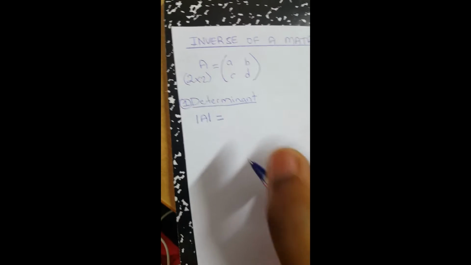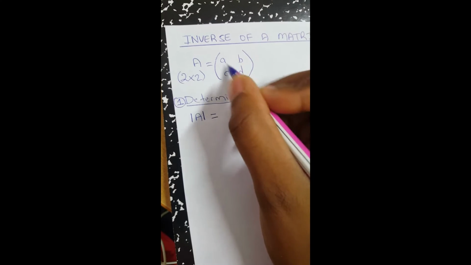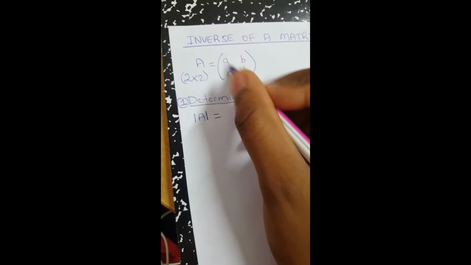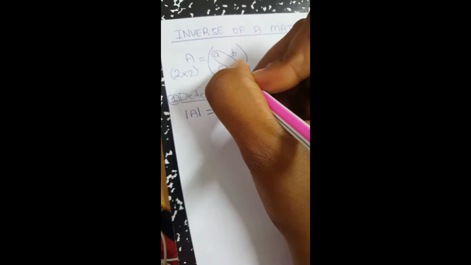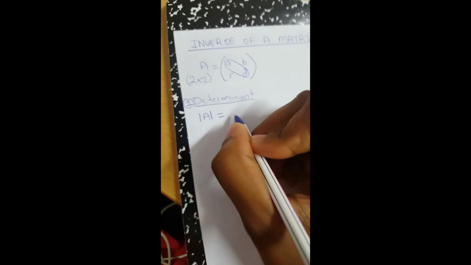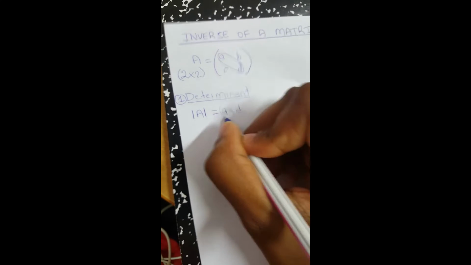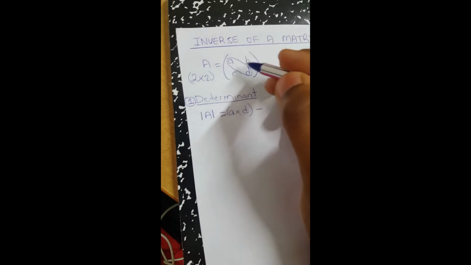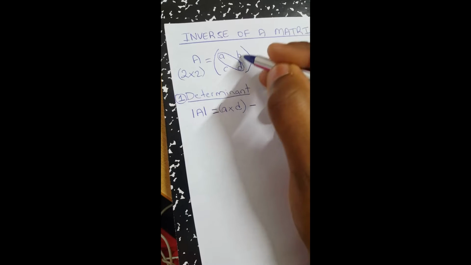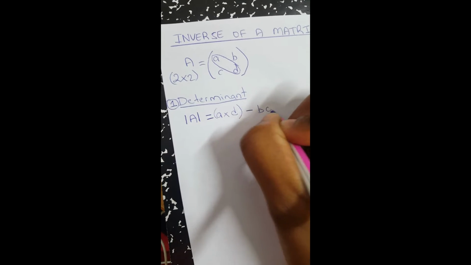Alright, so how do you find that? It's just the product of your leading diagonal, so that's ad, that's a multiplied by d. Let me do it step by step. And you need to subtract the product of your second diagonal, so that's bc.